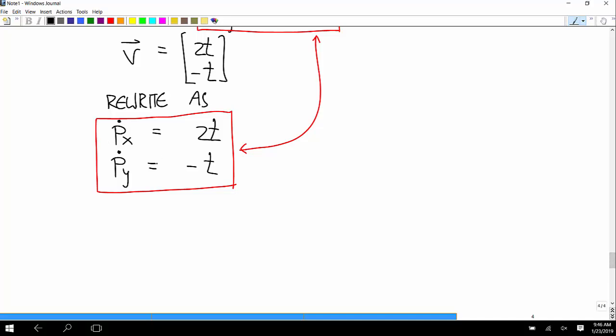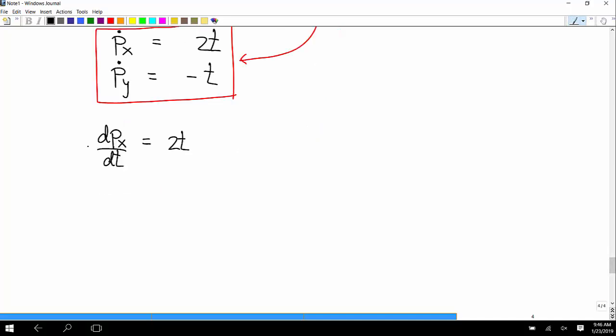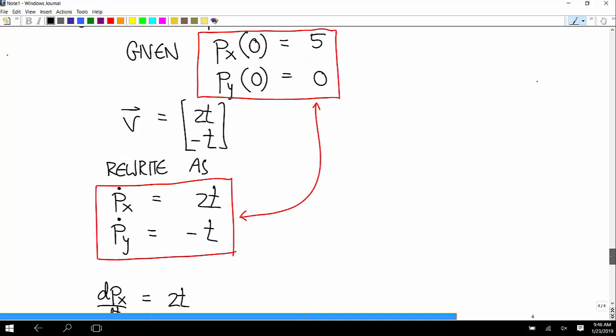And so to do the first one, separation of variables says dpx/dt is equal to 2t. So dpx is equal to 2t dt. Maybe I should have just called these x and y instead of px and py. It wouldn't have looked as messy, but it would be the same problem.